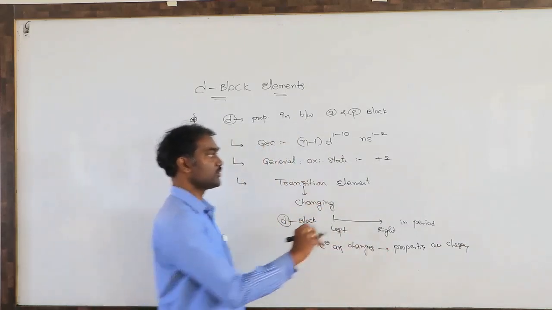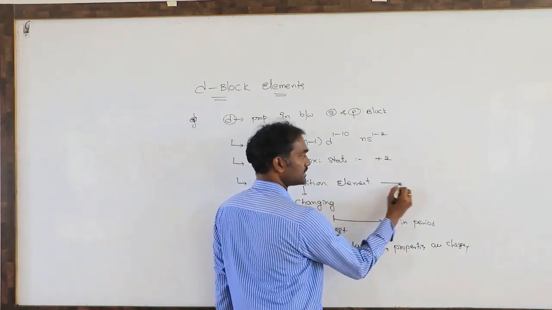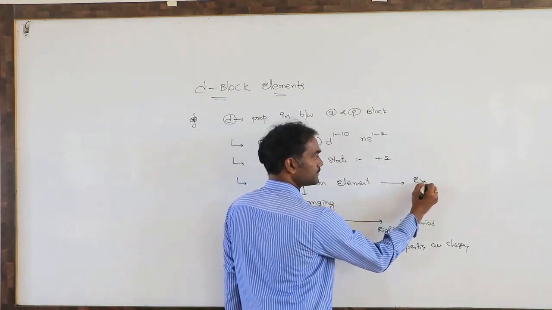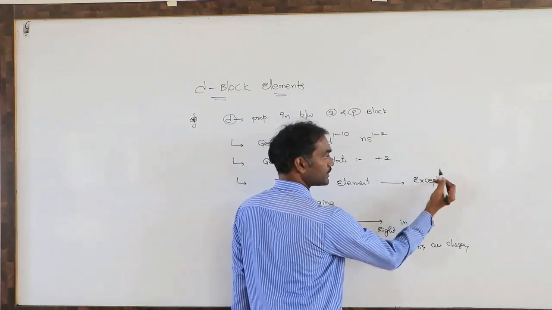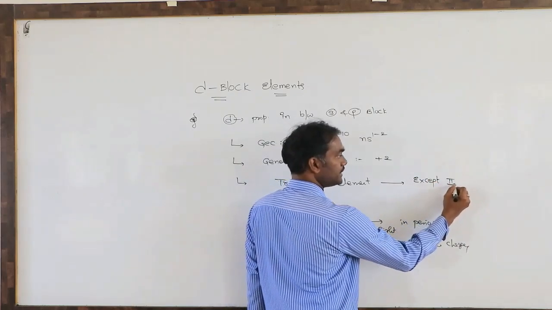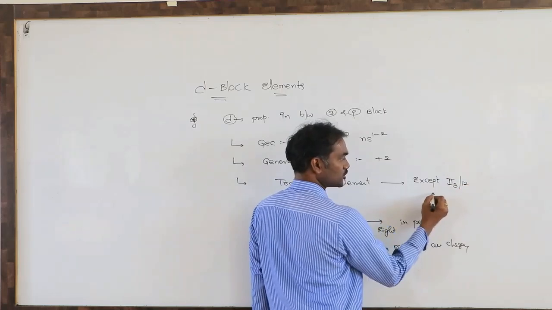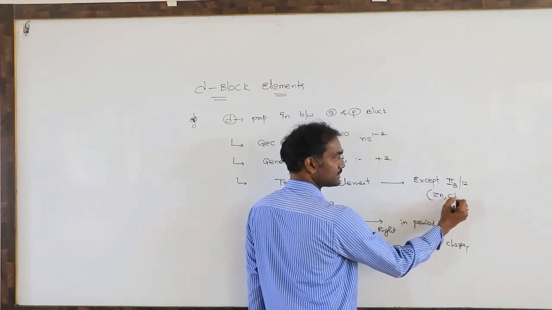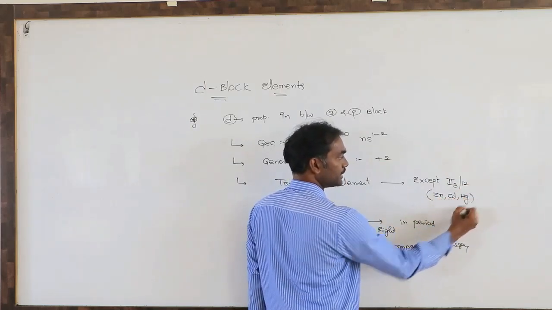Here also our important point is, except 2nd B, otherwise 12th group. What are those? Zinc, cadmium, mercury.